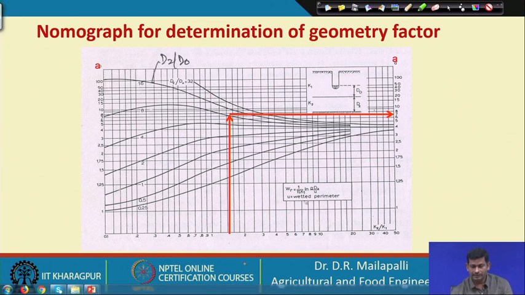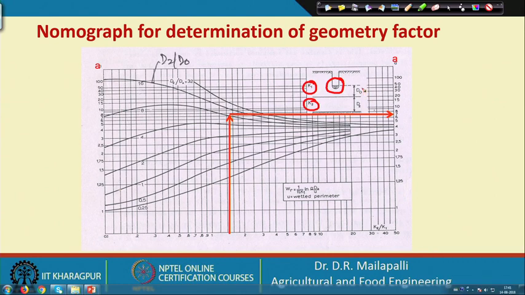So, here for example, this is the drain installation. The drain is at the top layer, and K1 is the top layer hydraulic conductivity, K2 is the bottom layer hydraulic conductivity, and D2 is dB and D naught is dt. So, this is dt and this is dB.